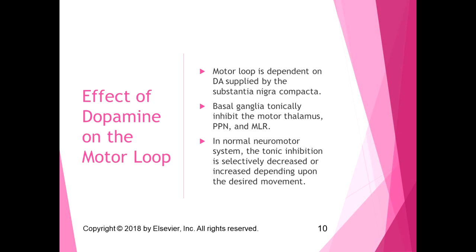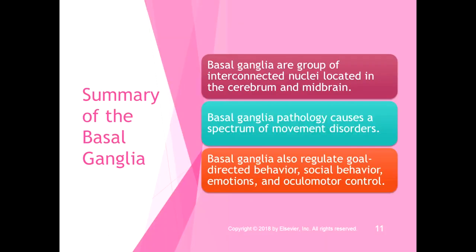So it's sort of like putting on the brakes or taking off the brakes. We're controlling the movement. The movement's being generated elsewhere, but this motor loop is using the dopamine that's in your system to inhibit the motor thalamus to selectively decrease or increase the movement depending on what you want to do. So it's like fine-tuning. You're fine-tuning things with your basal ganglia.